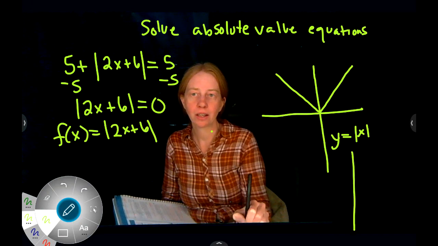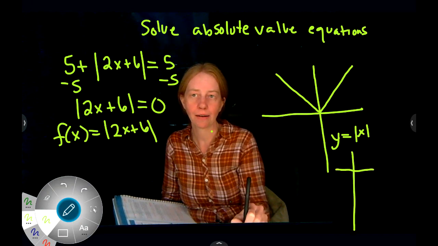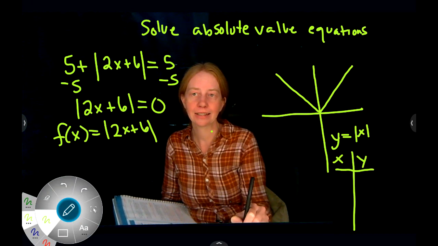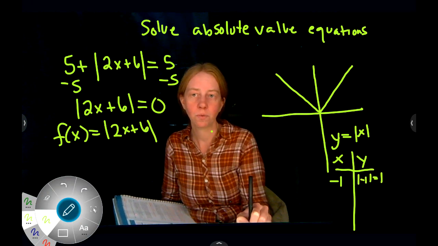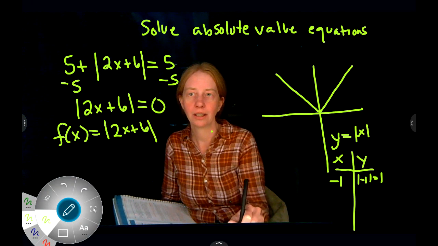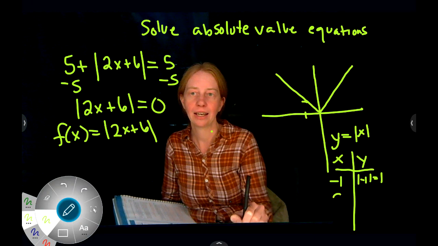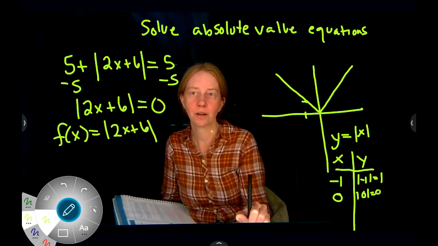If you think about the olden days when you were first learning to graph, you might have made an XY chart. If x is -1, the absolute value of -1 equals 1, so -1, 1 is our point. If x equals 0, the absolute value of 0 equals 0, so that's my point.